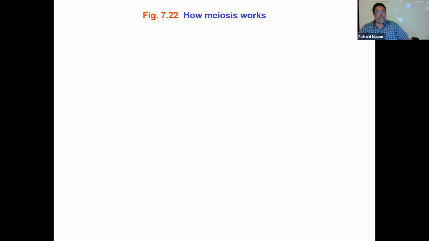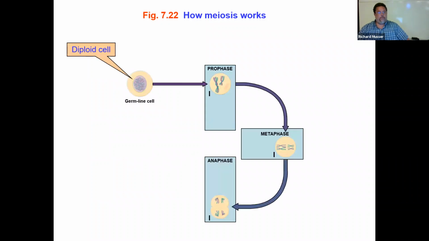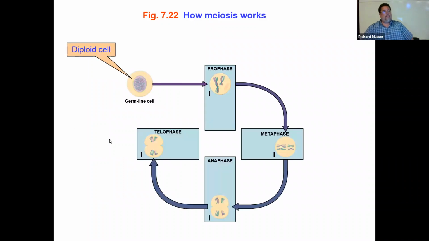Then we go into metaphase 1. So let's look at, this is what you would see under a microscope, kind of like what you saw when you came to lab. Here you have an interphase, a diploid cell. Notice it says it's a germline cell.